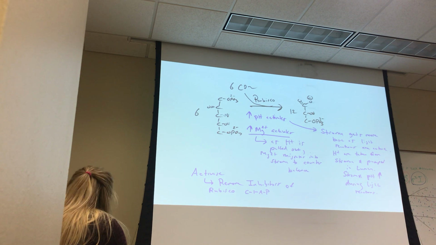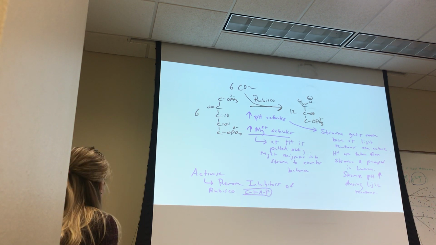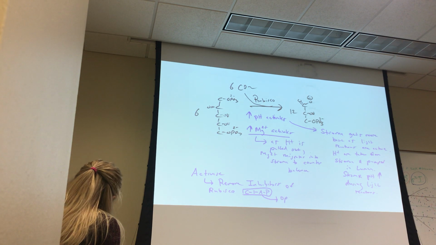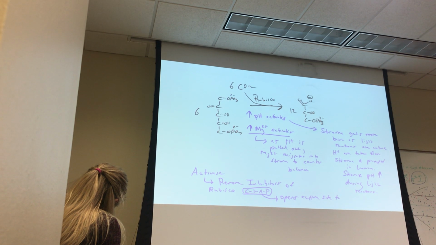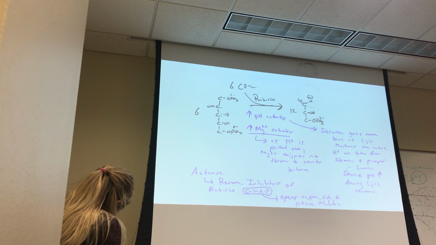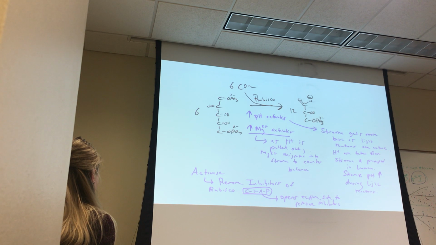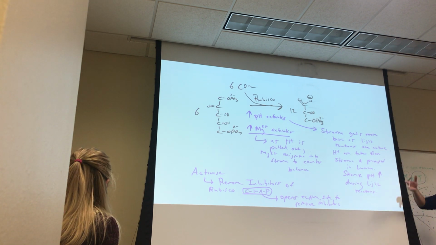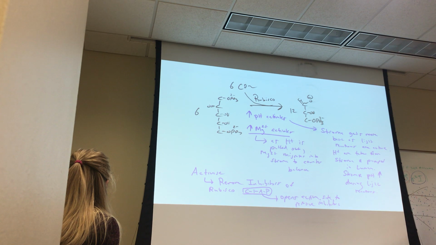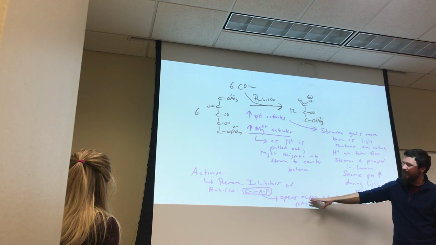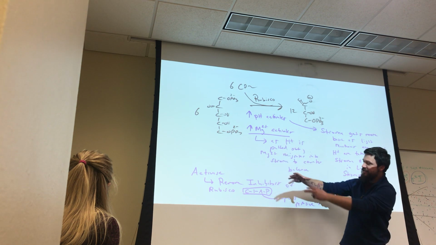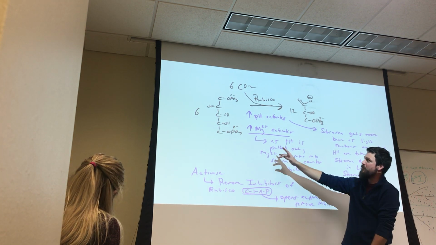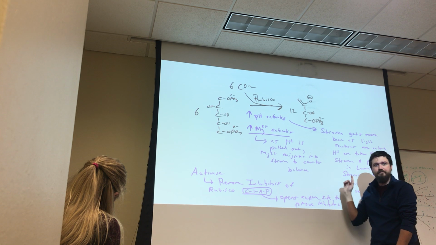And what the activase does is it takes things like this and it opens the active site to remove inhibitors. That's what that activase does. So these inhibitors get in there, they mimic kind of the substrate, and sometimes they're the product. The product can actually inhibit it. And then what happens is it gets stuck. So activase can come in and basically open up the active site of Rubisco so these things can diffuse out.